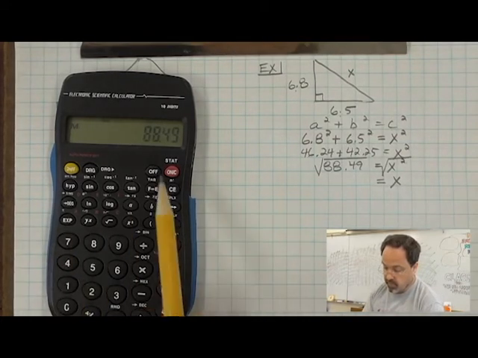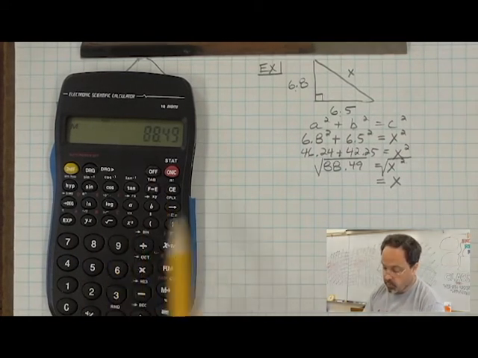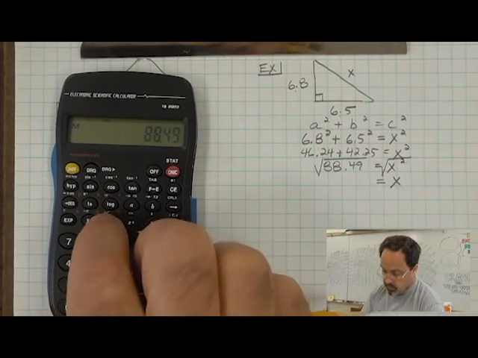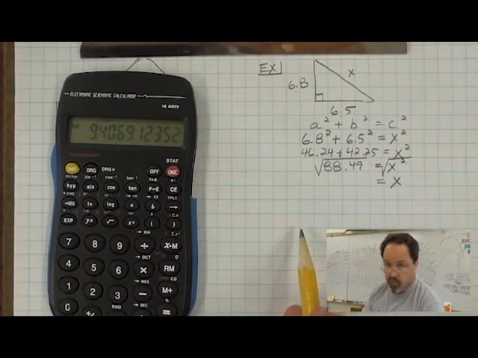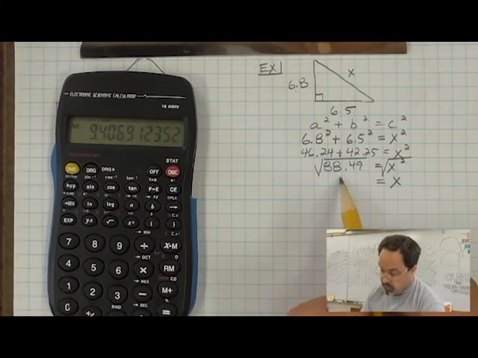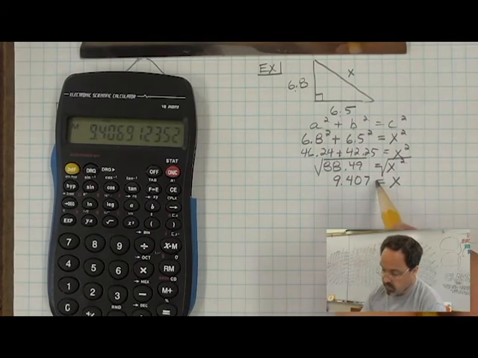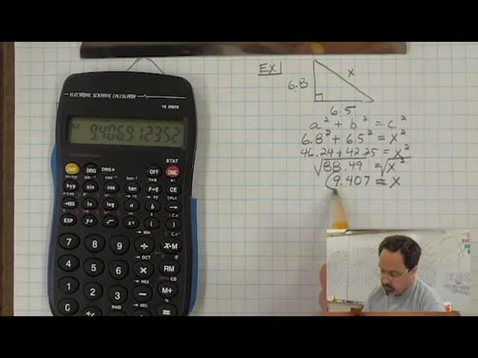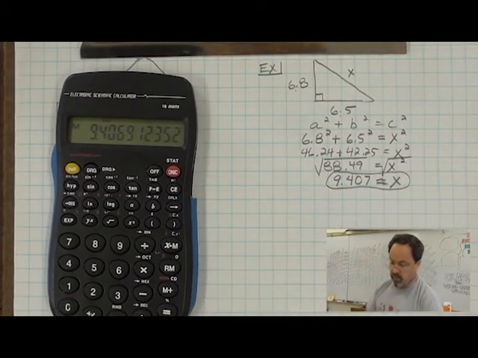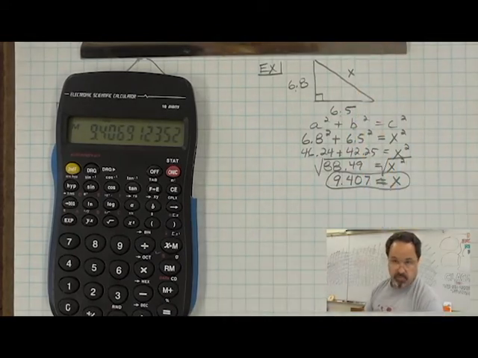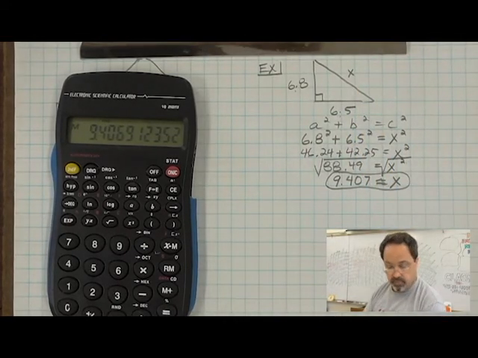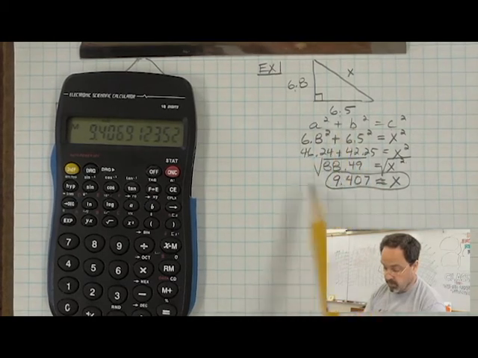And now the calculator has to do for me the square root of 88.49. And I'll round this to the nearest thousandth. 9.407 is approximately equal to x. I have found the length that was labeled x, which is the hypotenuse of this triangle. I use the Pythagorean theorem and solve for it.